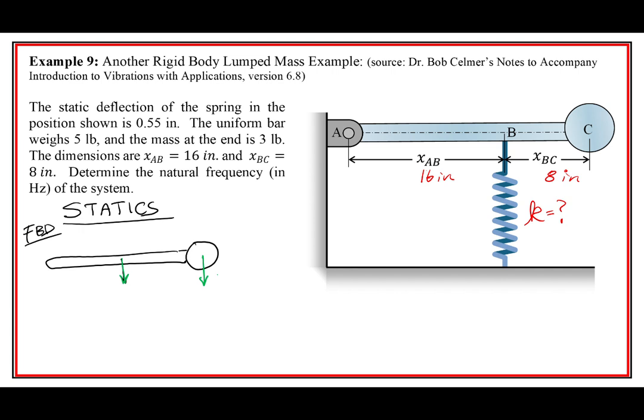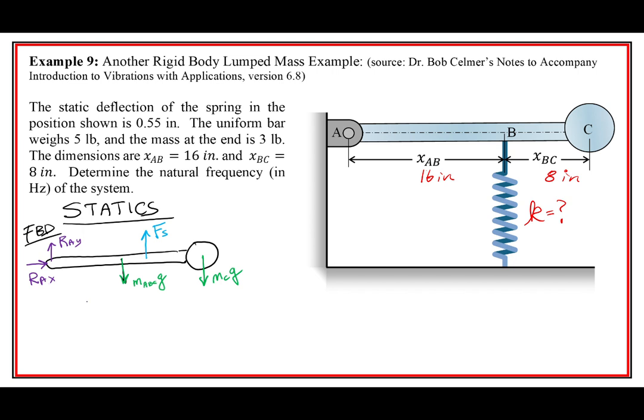I should have called it M_C G, and then this should be M_A B C G. I should have left myself some room, I'll do it right here. I know that F_S, that's the spring, and then we have reactions right here, R_AY, R_AX. R_AX is basically going to be 0.